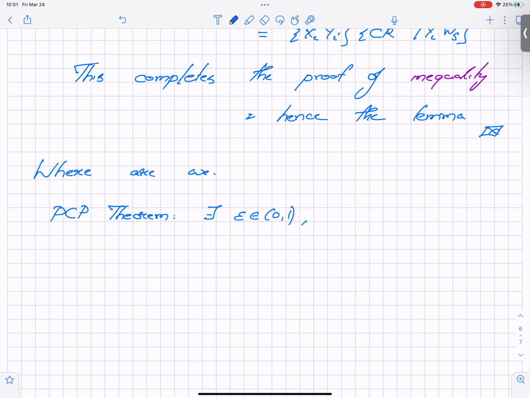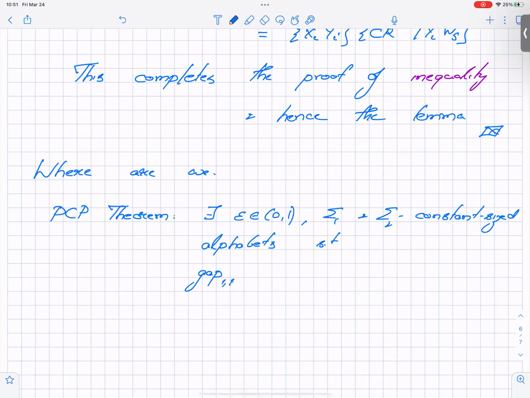And sigma 1 and sigma 2 are constant size alphabets, such that 1 minus epsilon gap label cover is NP hard under poly time reductions.